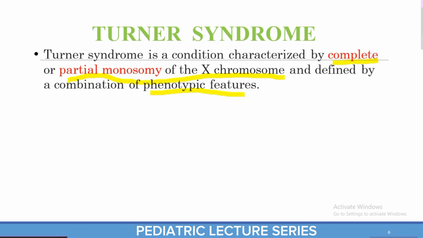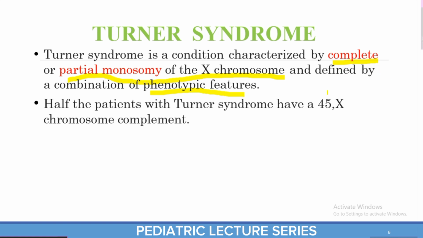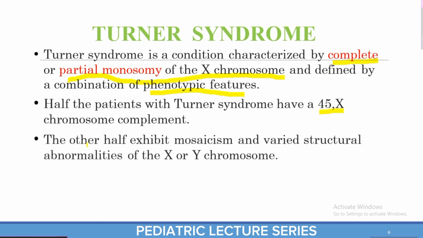There is complete, whereby the complete chromosome is missing, or partial, whereby a section of the chromosome is missing, either the short arm or the long arm. Half of the patients with Turner syndrome have a 45,X chromosome complement. The other half exhibit mosaicism and varied structural abnormalities of the X and Y chromosome.